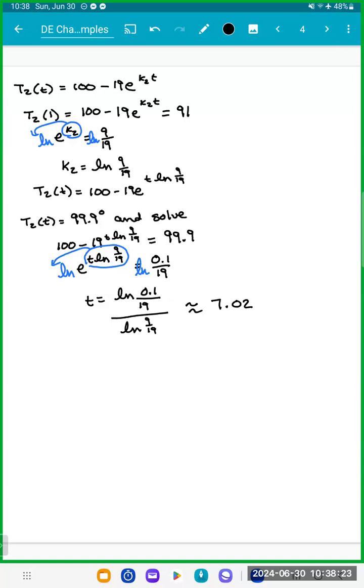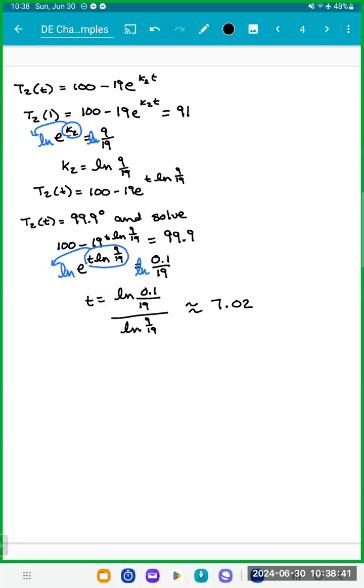Okay, so from the start of this whole double dipping process, the total time until the bar reaches 99.9 degrees Celsius in that second container is going to be 9.02 minutes, right?